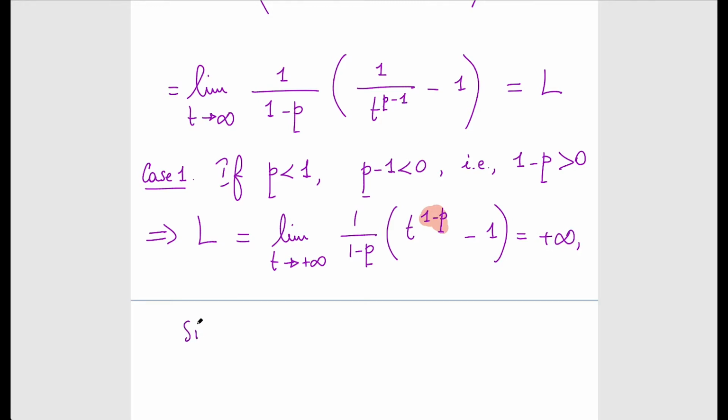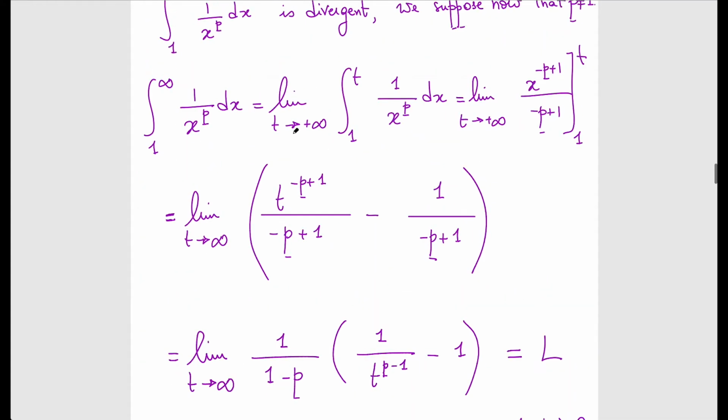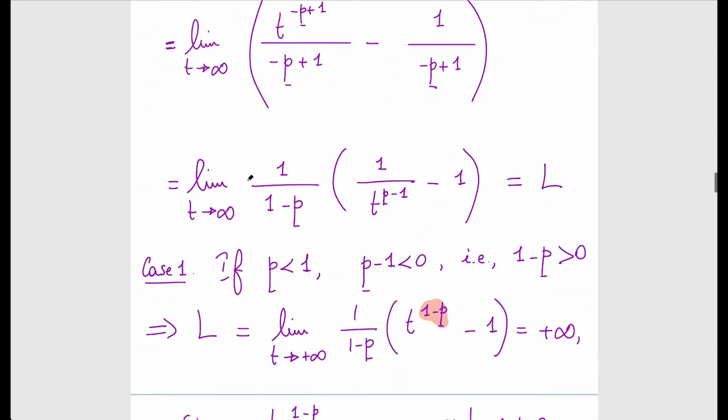Since t to the power 1 minus p goes to plus infinity as t goes to plus infinity, 1 minus p being positive in this context. So when p is smaller than 1, this limit is going to be plus infinity, and as such the integral is going to be divergent.